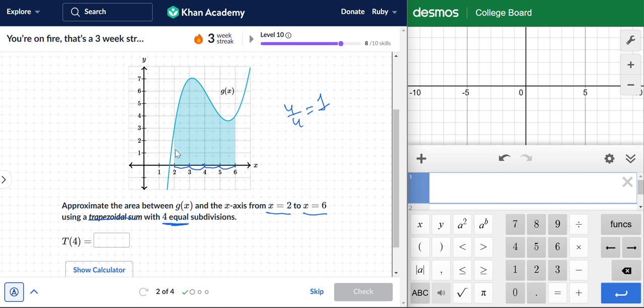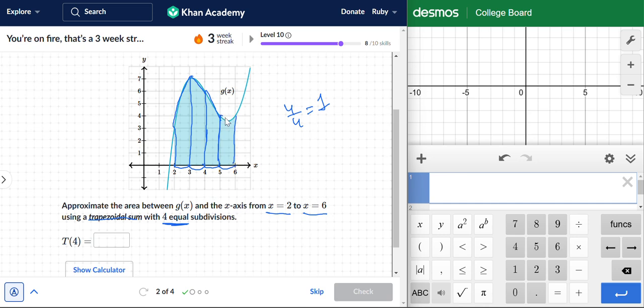And if we draw a trapezoid, so this is base 1, this is base 2, and then I'm just going to draw a line, kind of looks like a trapezoid. Here's my other trapezoid, and then my third trapezoid, and then I'm not even sure how I'm going to draw a trapezoid here.